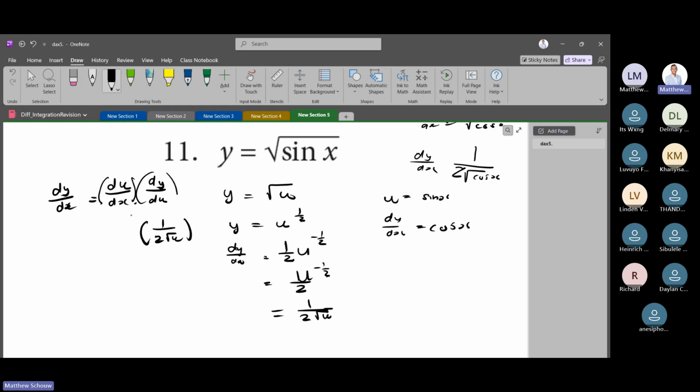You can see that there, right? And then you can say cos x divided by 2 root u, but u is declared as sine x. There you go. That's a function of a function.